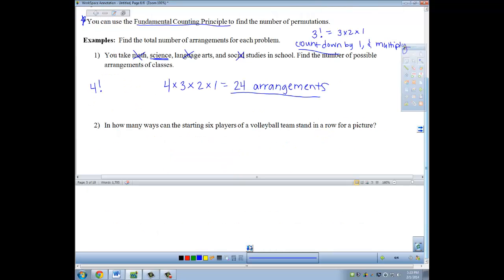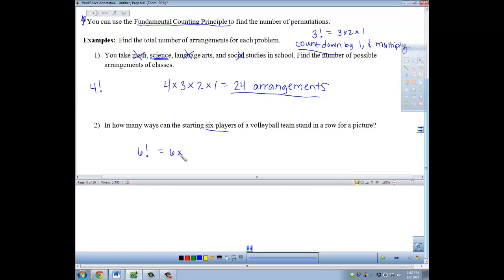Number 2, in how many ways can the starting 6 players of a volleyball team stand in a row for a picture? So say little Susie is over on the left, that means Susie can't be over on the right. So this is an example where order matters because only one person can be at a place at a certain time. So since there are 6 players, it's 6, and we call this factorial when we have the exclamation mark.